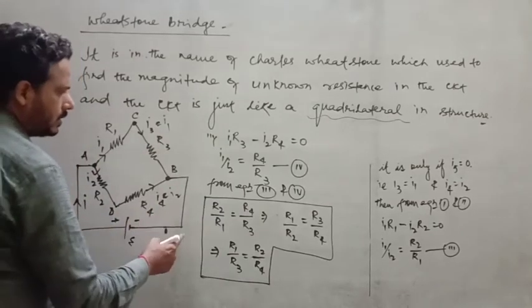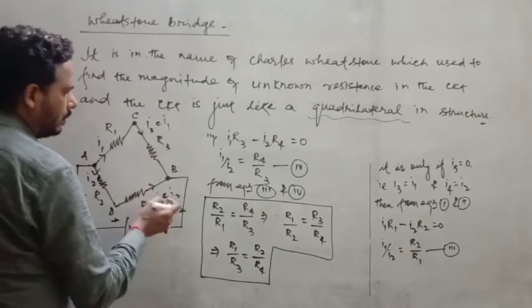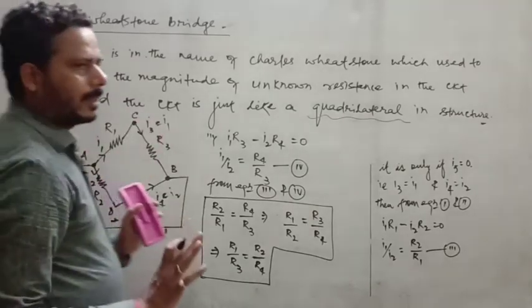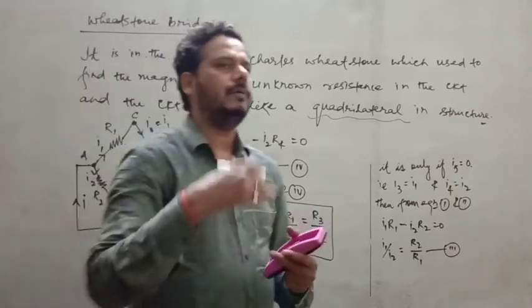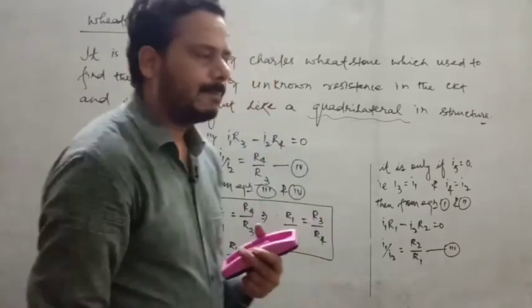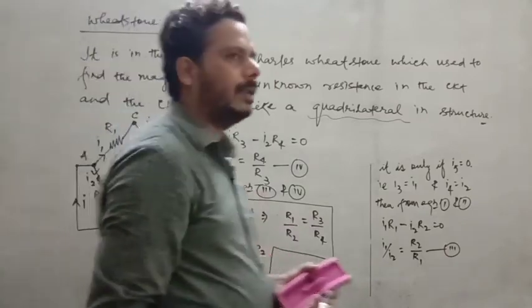Otherwise in reverse, R2 by R1 is equal to R4 by R3. So everything is the same. That means the ratio of two arms is equal to the ratio of the other two arms. Now we can understand this Wheatstone bridge by taking an example.